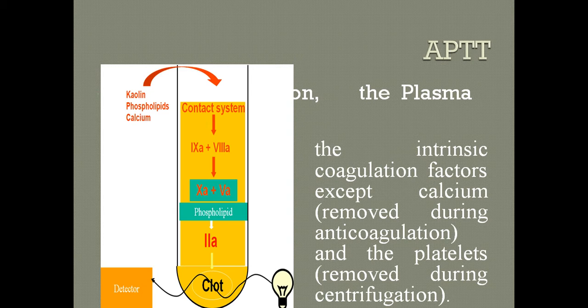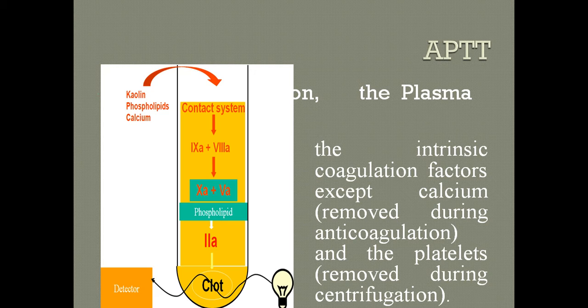Then incubate this at 37 degrees Celsius for 1 minute. After that, in another tube, you will take calcium chloride, 0.1 ml, and incubate it for 1 to 2 minutes.